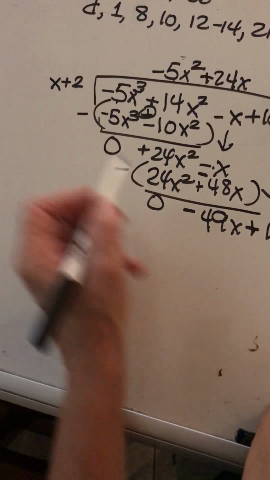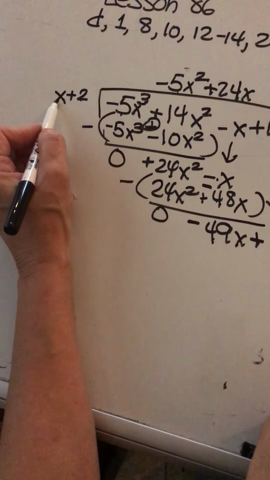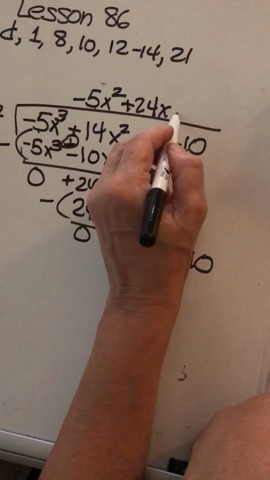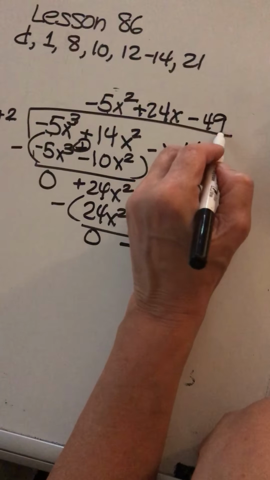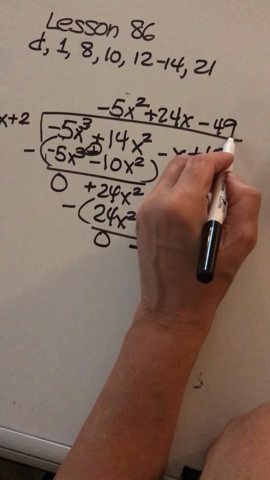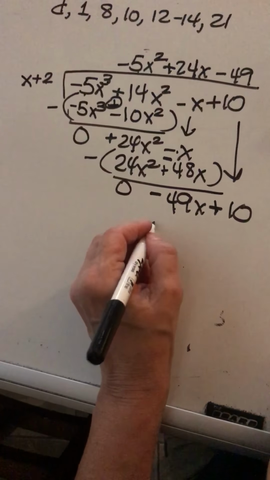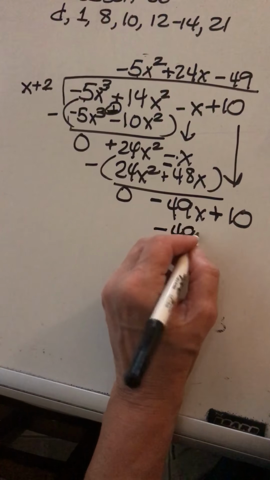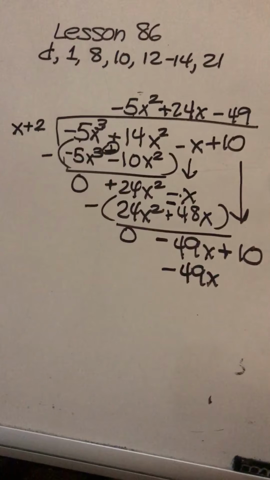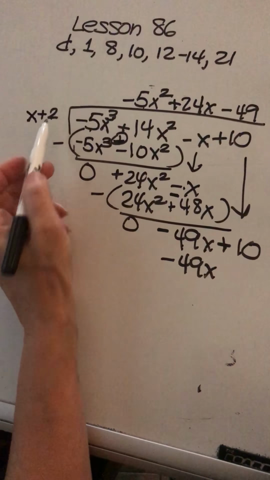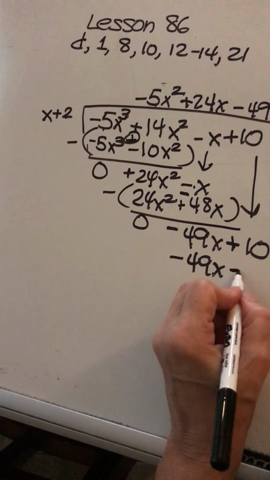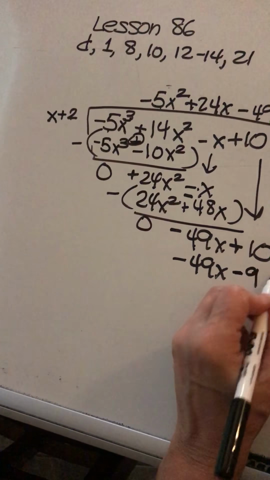So negative 49x divided by x is going to be negative 49. Now I multiply. Negative 49 times x is negative 49x, and negative 49 times positive 2 is negative 98.